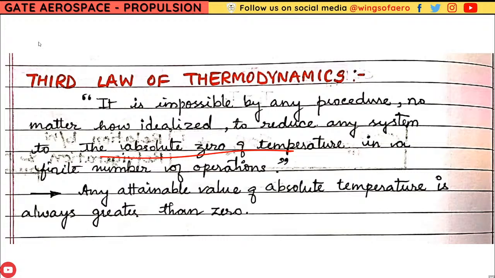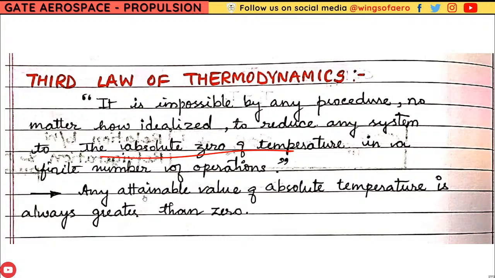Zero Kelvin. Yes. What is absolute zero? 0 Kelvin. Very good. At 0 Kelvin, however much we idealize, maybe in the laboratory, however we do, it cannot reach below that.